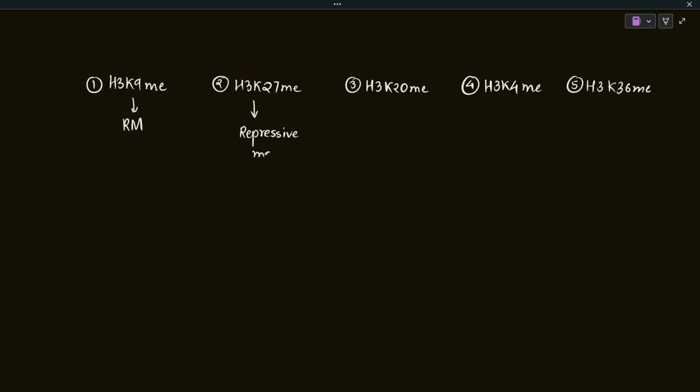This H3K9 methylation mark was the hallmark of heterochromatinization, right? Well, the H3K27 mark is related to the silencing of genes by the PRC complex, the polycomb repressive complex.